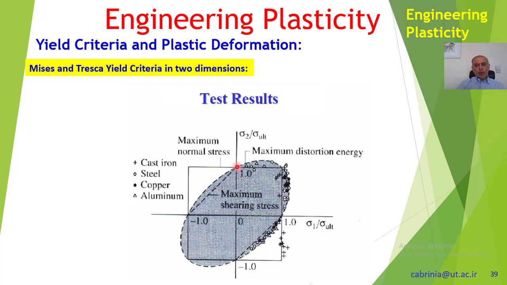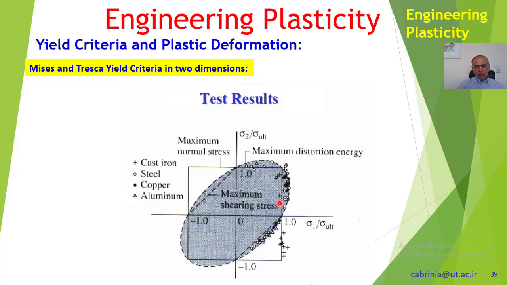But when we have tension, you see in compression, cast irons and similar materials which have low ductility and are very brittle, they are good in compression, you see here and there, but in tension they are weak.